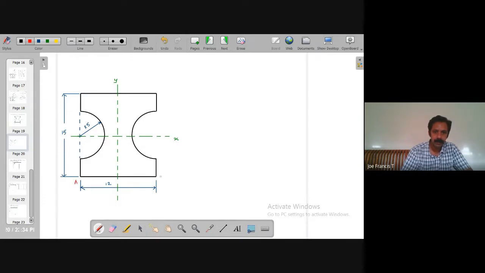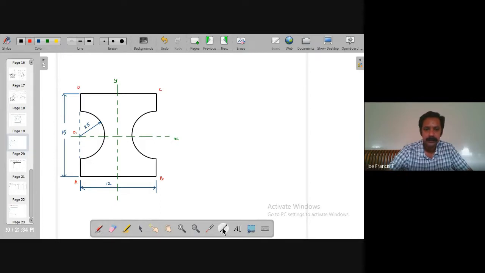Here A, B, C, and D. So you have a rectangle ABCD, and from that, you remove two semicircular parts. One semicircle with center O1, and another semicircle this side.